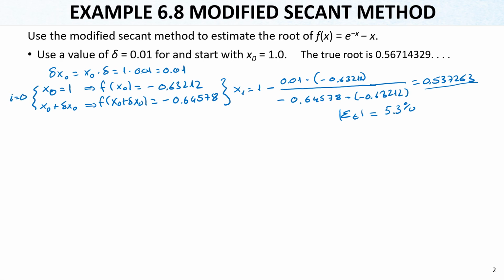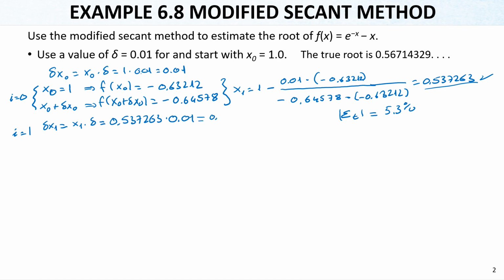And this is iteration 0. Now let's move on to iteration 1. For this, it's important again to get the delta x value. Delta x1 is equivalent to, first of all, x1 times delta. So x1 we found as 0.537263, and delta is the same again, 0.01.